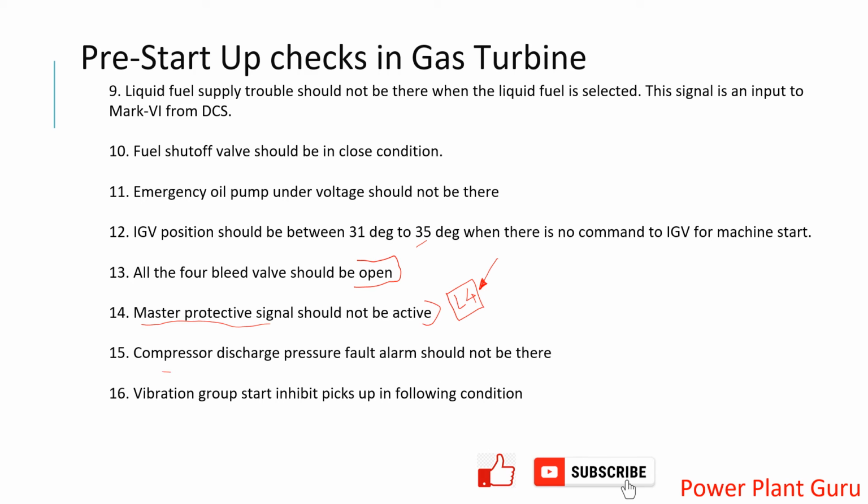And this is compressor discharge pressure, which is very similar to what we discussed for atomizing air pressure. You should check that there is no false alarm or faulty reading fed into the system. That is why, before startup, the compressor discharge pressure fault alarm is noted.